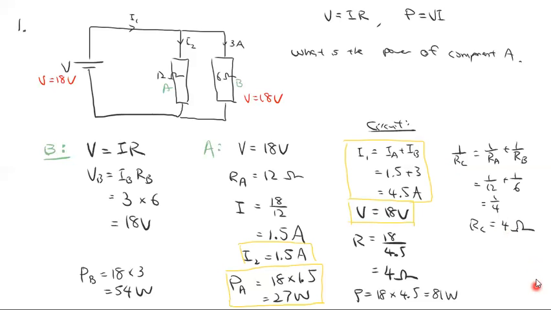Okay. So if we're looking at question 2 now, question 2 is essentially one of the questions I gave you earlier with different numbers. So you can see that there's this part here, which is 3 ohms, and they want you to work out the power of that.